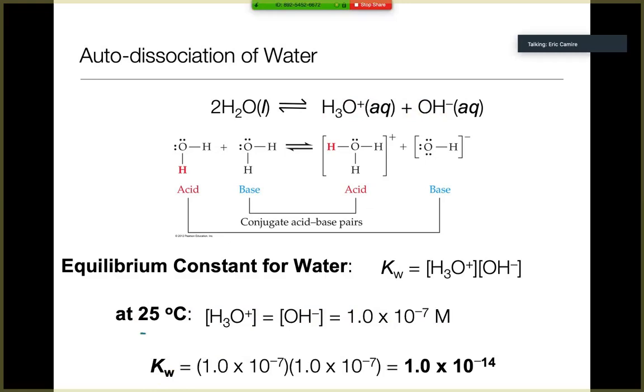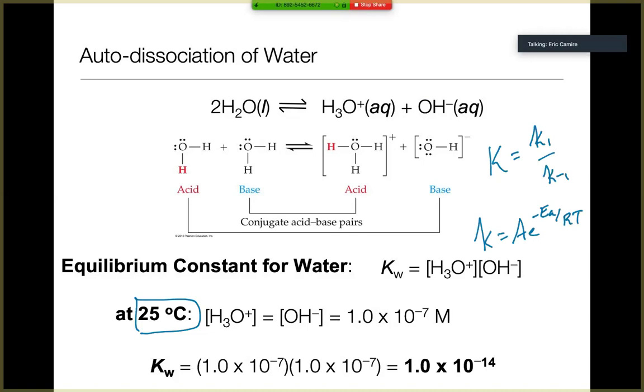Another heads up, when we're dealing with acids and bases, everything's going to be assumed to be at 25 degrees Celsius, because if we change that temperature, another way that we can express big K, the equilibrium constant, is the ratio between the rate constants of the forward and reverse reaction. And we know little k is dependent upon temperature through the Arrhenius equation.